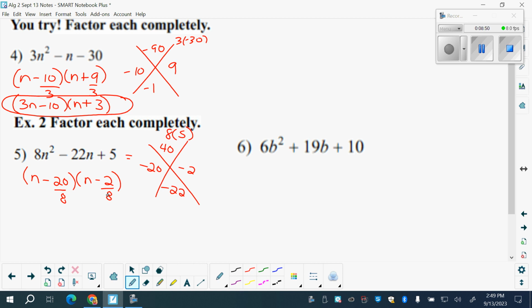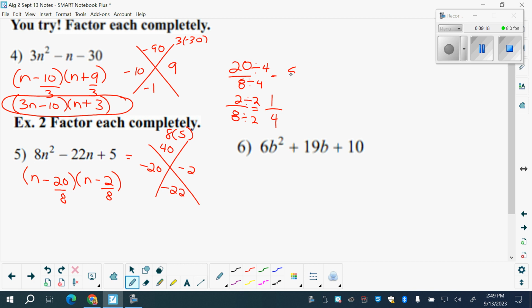So unfortunately, neither one divides. But can we simplify those fractions? Yeah, we've got 20 over 8, and we have 2 over 8. 2 over 8 is 1/4, dividing top and bottom by 2. And then divide by 4.